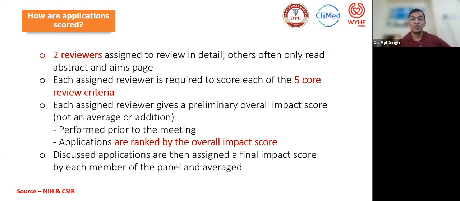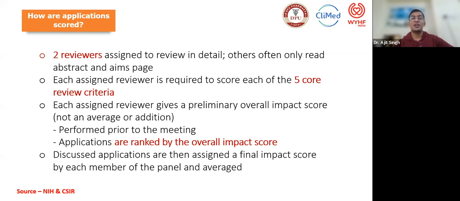So there are 2 separate independent reviewers assigned who will review your proposal in detail, and then everyone else will maybe read the abstract or aims only. Each assigned reviewer is required to score each of the 5 core review criteria, each out of 10.